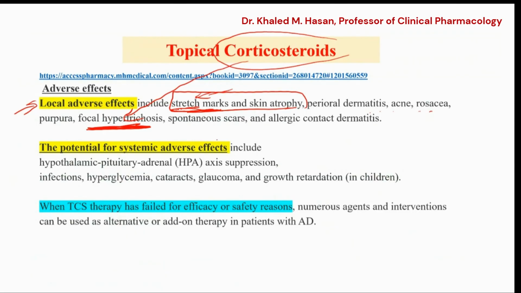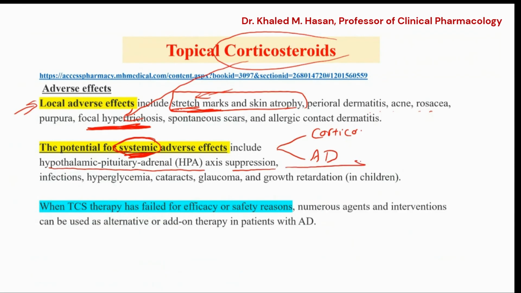The potential side effect here, if you prescribe systemic cortisone, this is an overlap question. This was already covered in our lecture about corticosteroids, and now we have it here in atopic dermatitis. If you prescribe oral systemic cortisone, the patient may suffer from suppression of the hypothalamus pituitary adrenal axis.